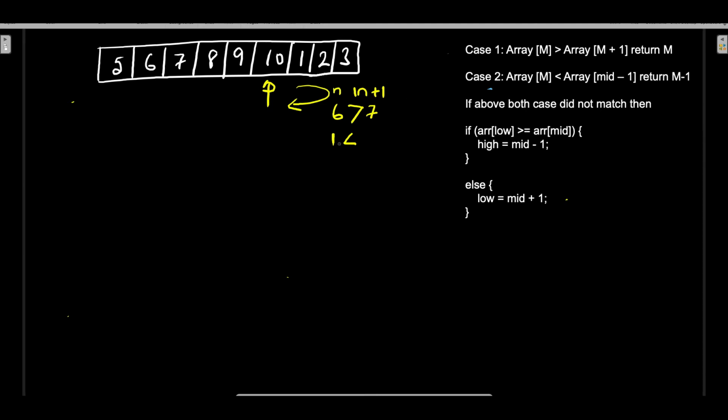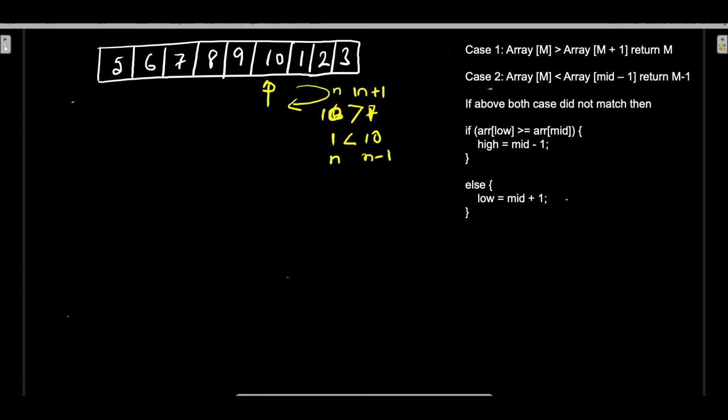The middle data 1 is lower than 10. So here I'll also write 10 greater than 1. So basically this is n, and this is n minus 1. These are the two conditions at which we can find out this is the point at which your array is rotated.